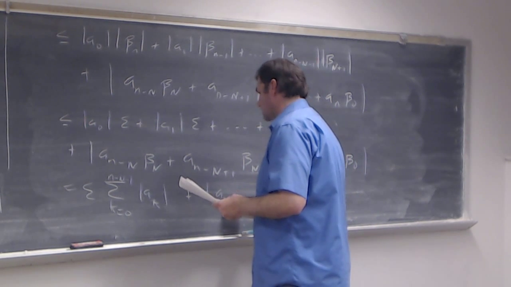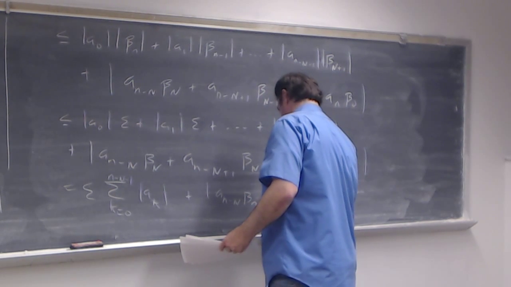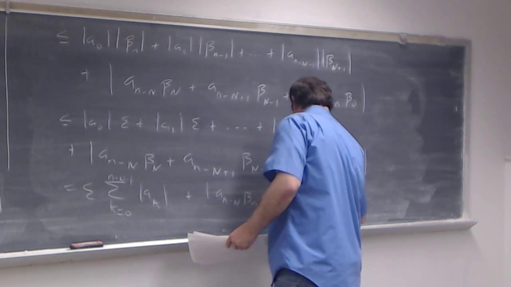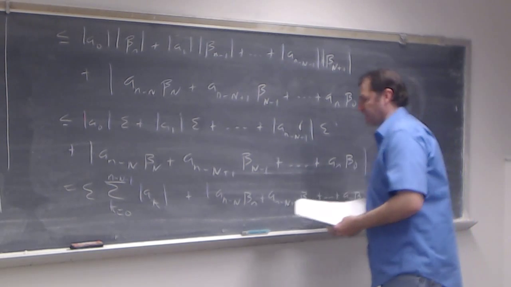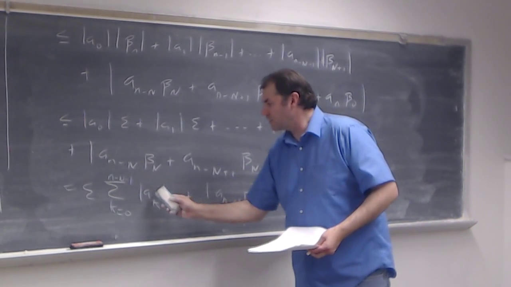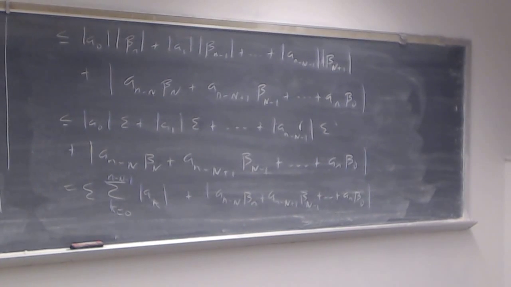That's the values. And this sum right here is going to be less than alpha. Excuse me, so I'm going to make that replacement. Remember, alpha is what the whole series of the absolute values of the a sub n's converges to. Okay, we're getting close to the finish now.